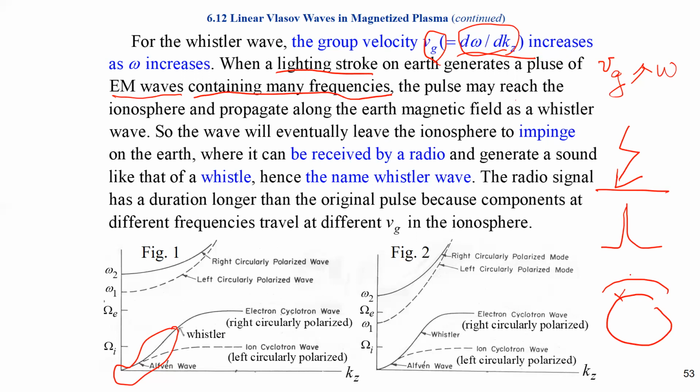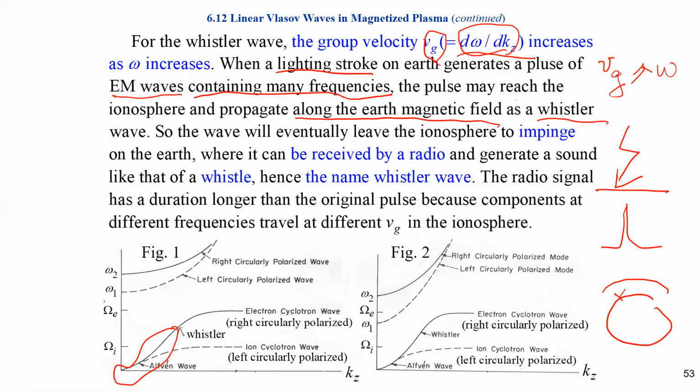So the wave will reach the ionosphere and propagate along the Earth's magnetic field as a Whistler wave. Why is it called a Whistler?